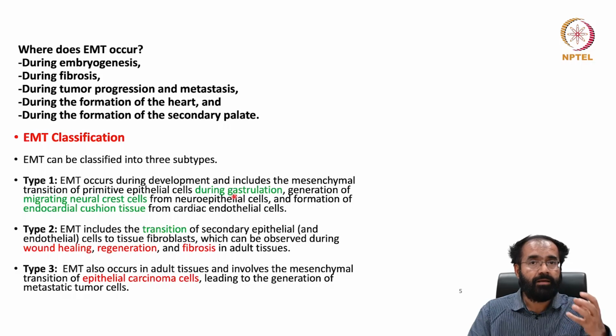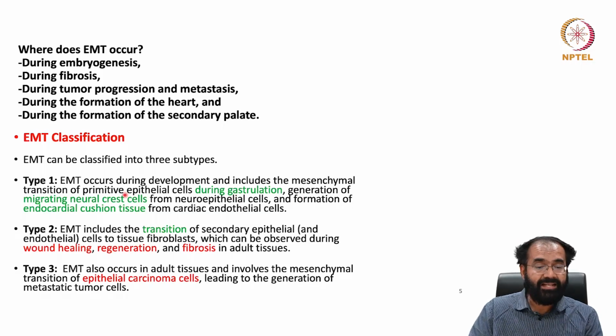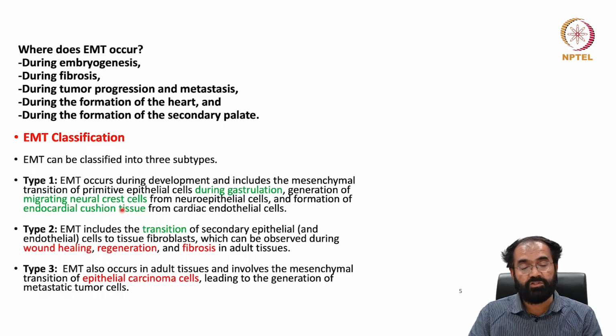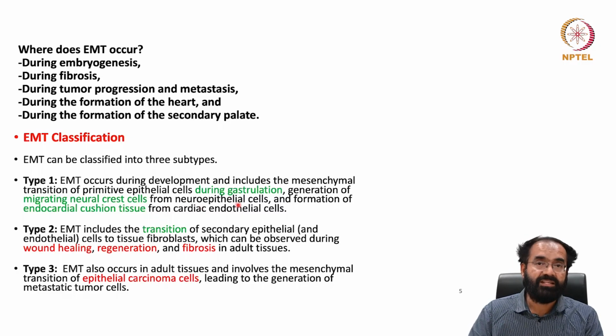This is a very complicated process during embryonic development. And it includes the generation of migrating neural crest cells, which are formed in type 1 EMT from the neuroepithelial cells during neural tube formation, and the formation of endocardial cushion tissue from the cardiac endothelial cells. So these are all the situations coming under type 1.